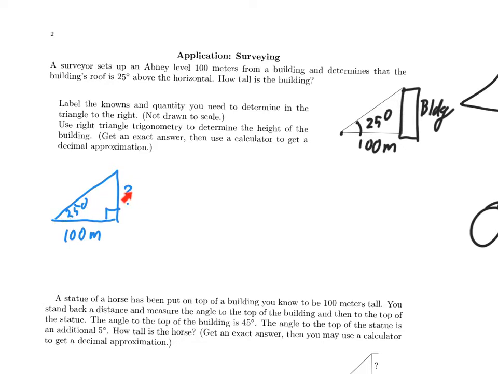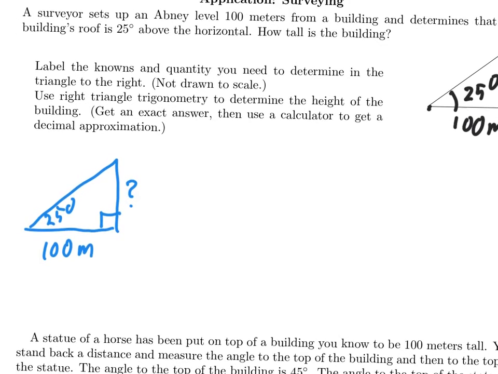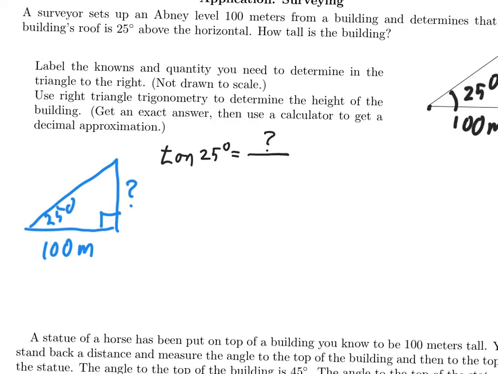Tangent is opposite over adjacent. Oh, neat. So tangent of 25 degrees is question mark over 100 meters. Tangent of 25 degrees is equal to opposite over adjacent. Oh, so that's something that I can totally solve for question mark.